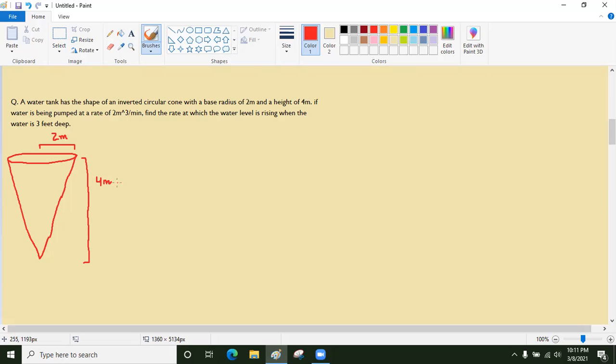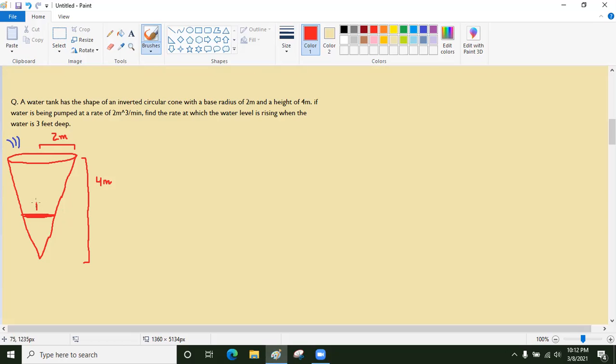So what this is trying to say here is that the cone is being filled with water, right? And as it's being filled with water, we want to find the rate at which the water level is rising. And you can think of the water level as simply being the height of the water.